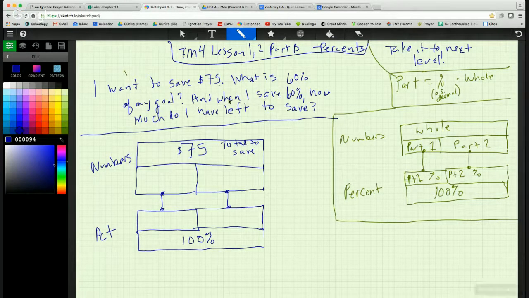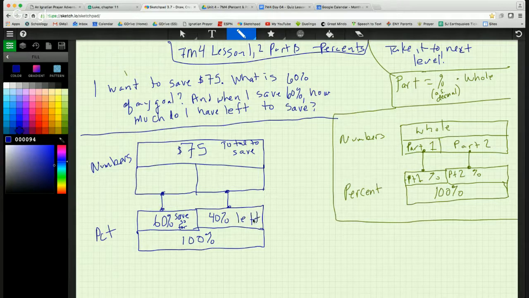And so I have saved 60%. What is 60% of my goal? So 60% is how much I've saved so far, and 40% is how much I have left.